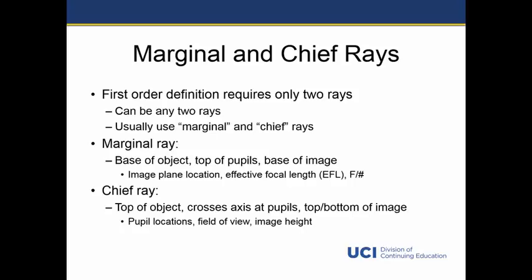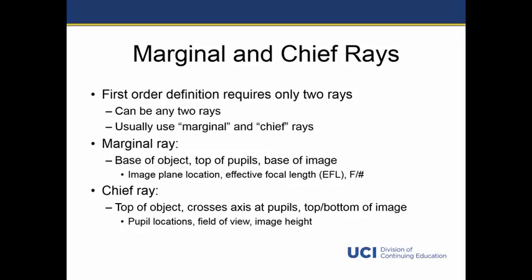It also tells us about the effective focal length, because again, where the paraxial marginal ray crosses the optical axis in image space defines the paraxial or the effective focal length. It also helps us define the F number, which is effectively the ratio of the focal length to the aperture diameter, which is the diameter defined when this ray reached the top of the pupil.